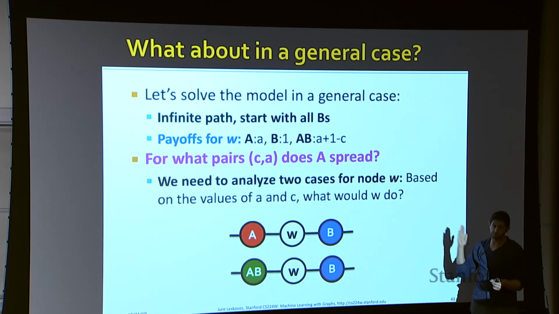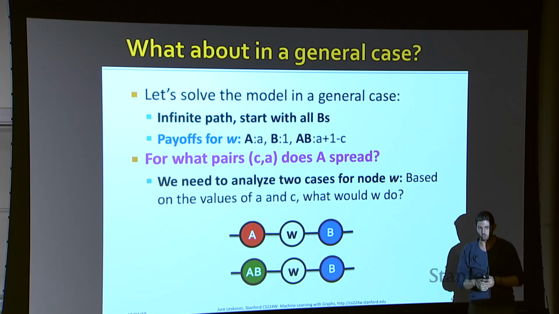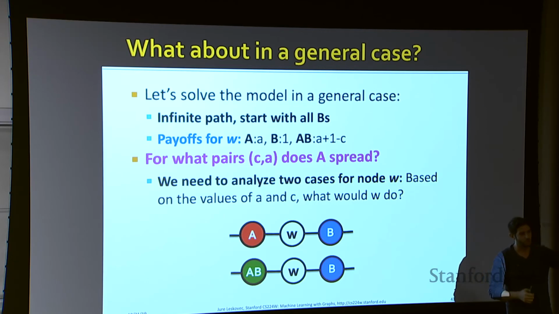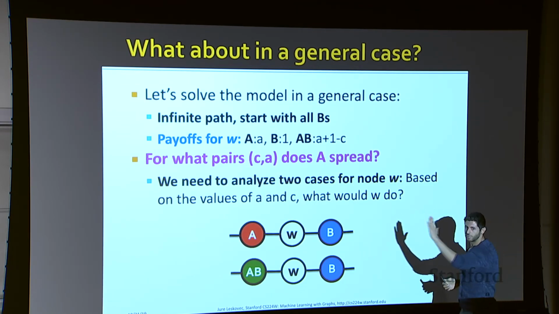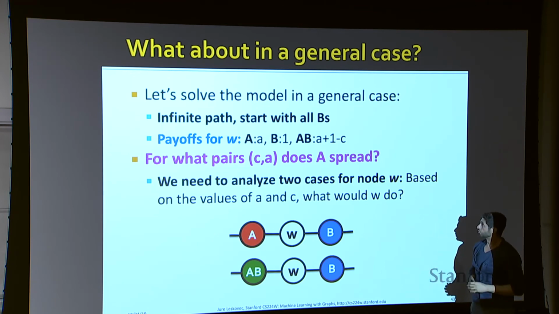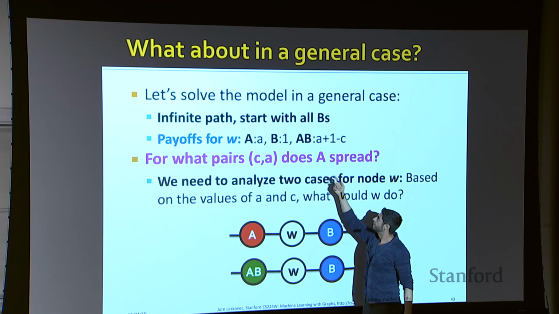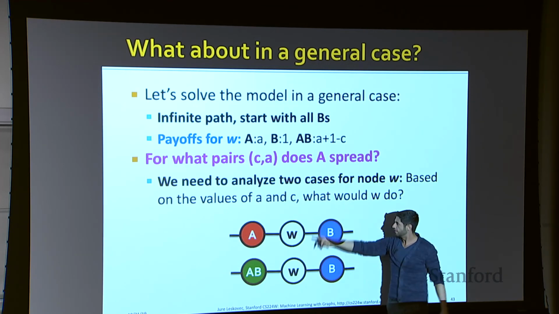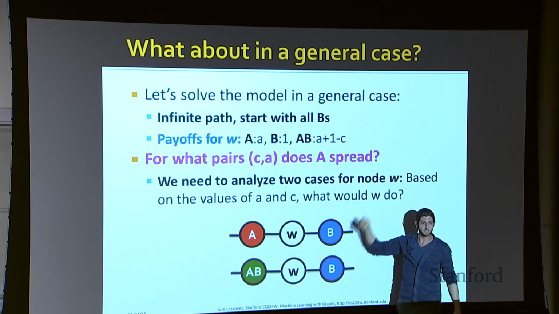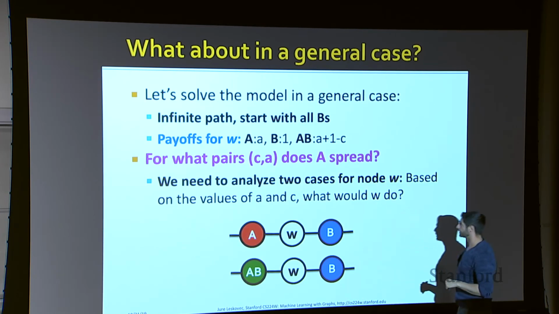Okay, so if we fix B to 1, then A can be 2 times B, 0.5 times B, and so forth. Okay, and by fixing that value it will help us to find an analytical solution later on. And so we said the payoff A is a, B is 1, and then AB is going to be a plus 1 minus c, okay, minus the cost that you're paying.